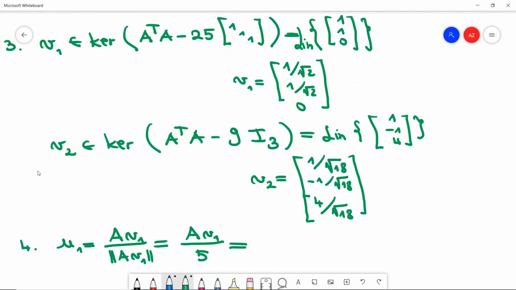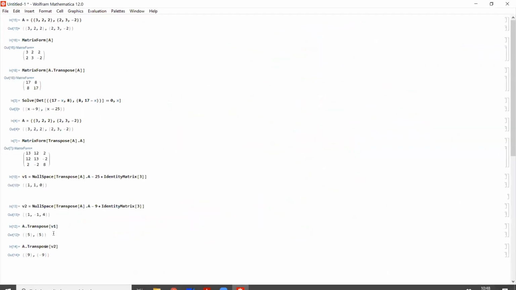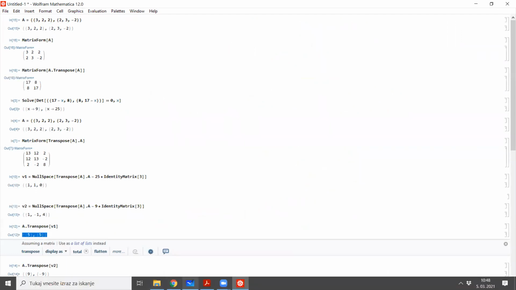And what we get is 1 over square root of 2 and 1 over square root of 2. If you remember from Mathematica, it was 5, 5. But if we just normalize this vector, we get 1 over square root of 2 and 1 over square root of 2.